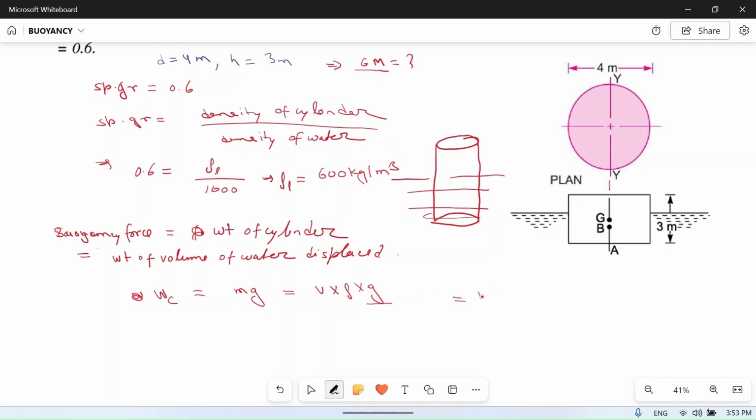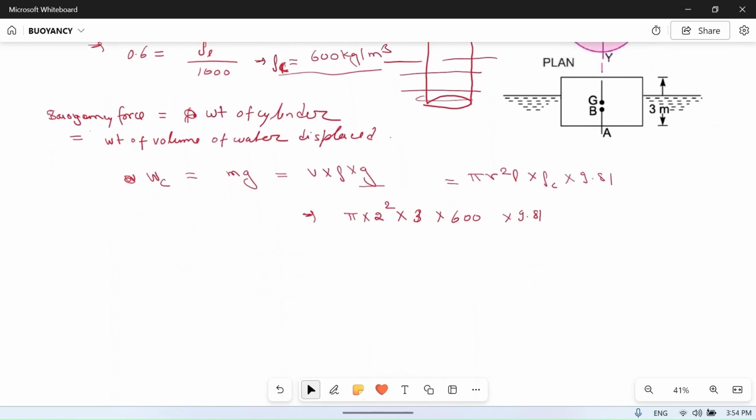It is pi r square L, into rho cylinder, into g which is 9.81. So pi into r, which is half of the diameter, 2, square, into length of the cylinder 3 meter, into rho 600, into g 9.81.